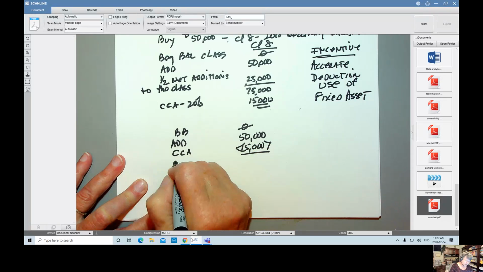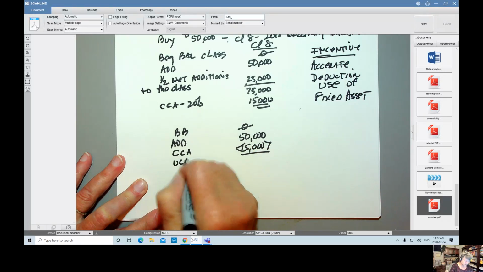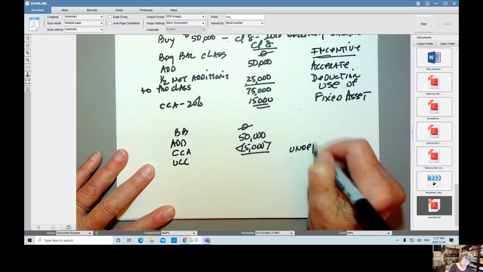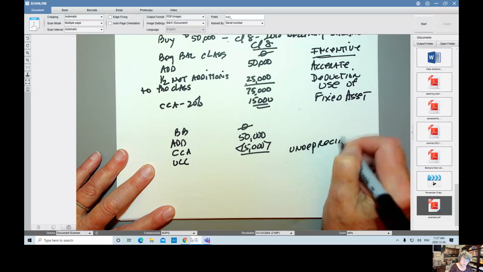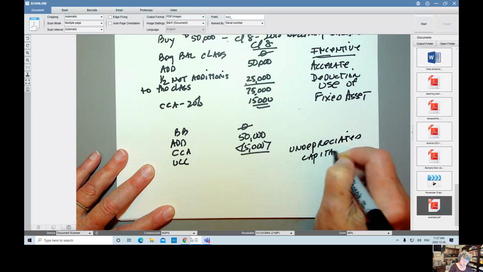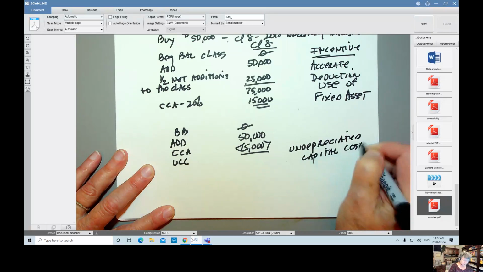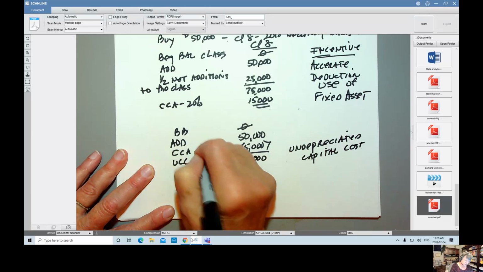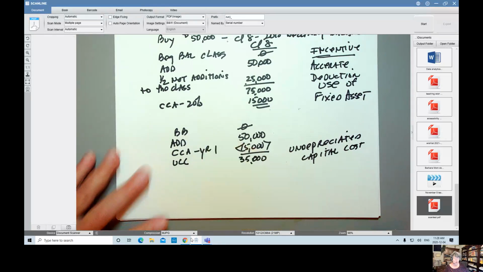So your ending balance, your UCC, that's undepreciated capital cost, is 35,000. All right.